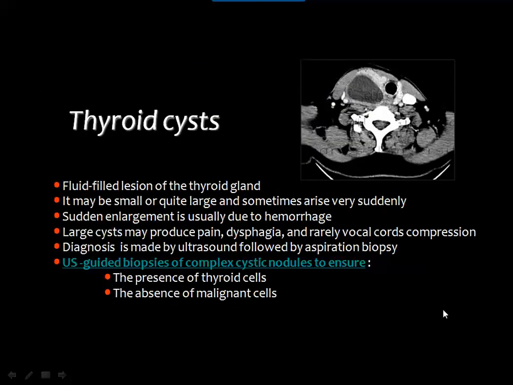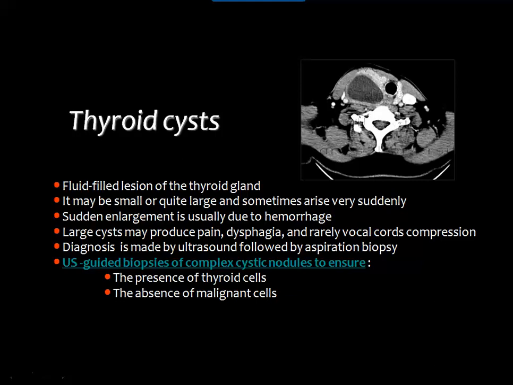Then whenever you have imaging by ultrasound, CT or MRI, you can see a cyst which is filled with fluid related to the thyroid gland. This cyst usually shows hypodense fluid contents unless it bleeds.